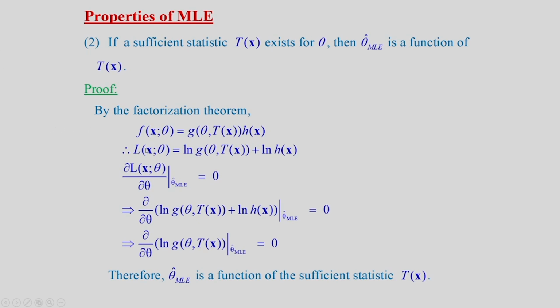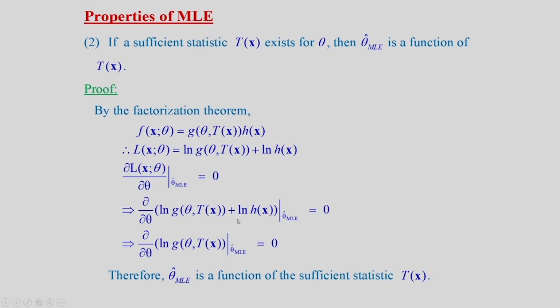Therefore, if we take the logarithm, the log likelihood function will be log of g of theta, T(x), plus log of h(x). Now, since del L del theta at theta hat MLE is equal to 0, we get del theta of log of g theta T(x) plus log of h(x) at theta hat MLE must be equal to 0.